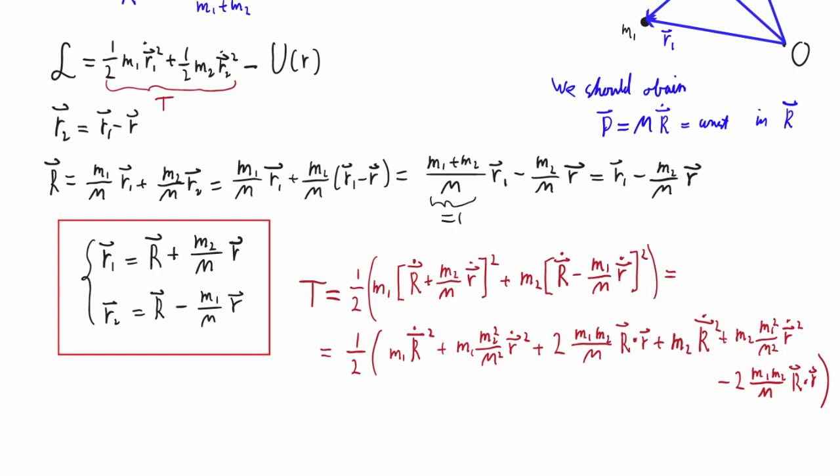Okay, we can see that this term and that term cancel. And then all we have to do is bring together the terms that depend on capital R dot square and little r dot square.